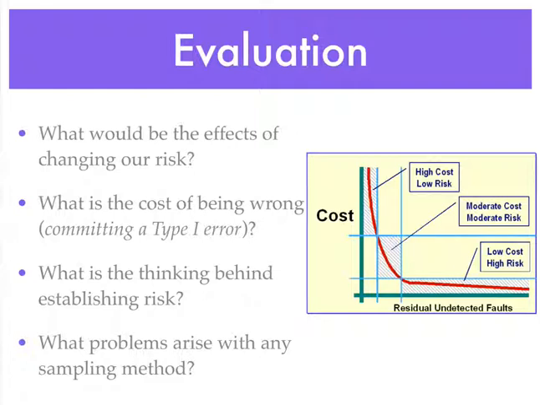What is the cost of being wrong? That is, what happens if you set your threshold at 95% and all of a sudden you have a situation where you had overbooked by 8, but in fact everybody showed up for that flight, and here you had 8 people that you had overbooked. What is the cost in many ways? Financial cost, customer relationship cost, and all kinds of things.